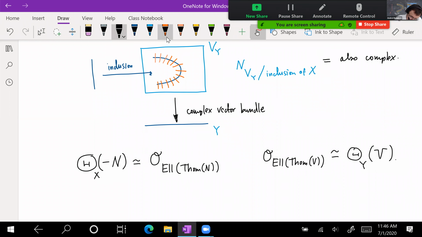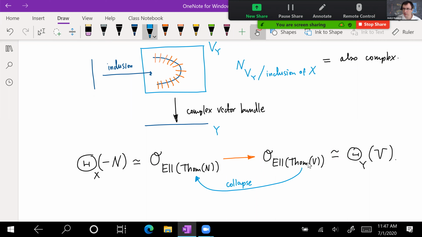And now here we have a map. This map is induced by a collapse map. From the Thom space of V, I can take everything which is not in the neighborhood of X and collapse it to a point.